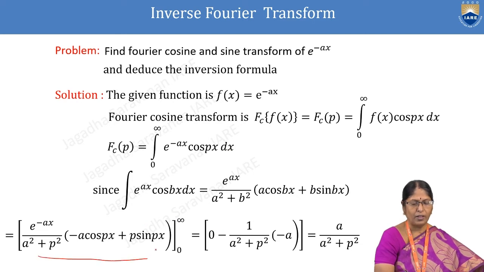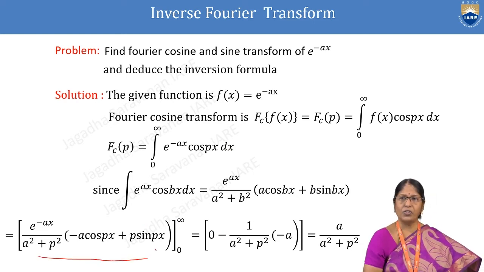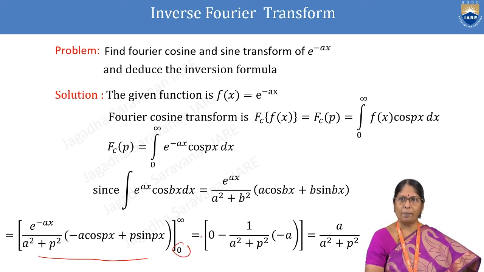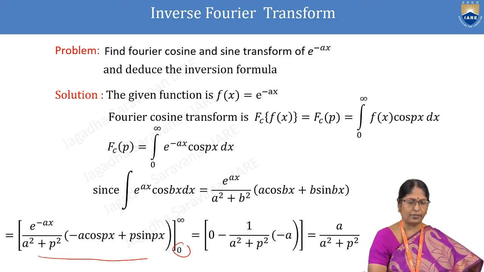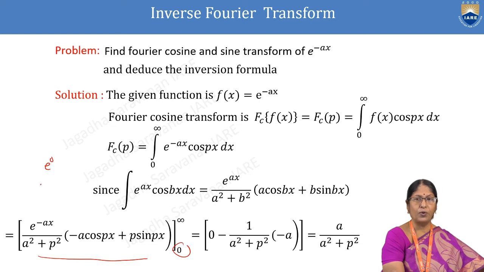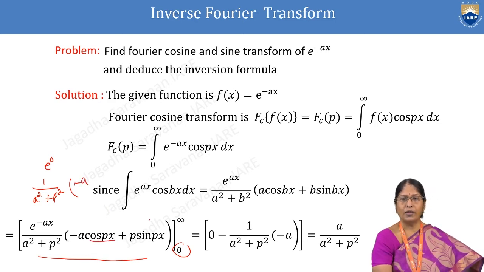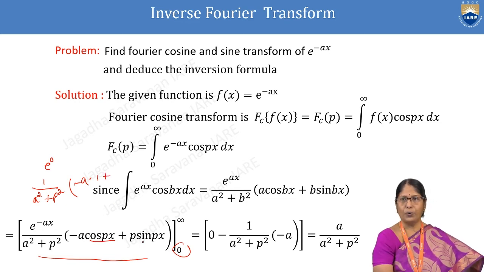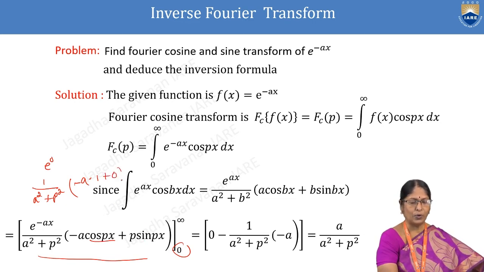So now, in the place of x, we are going to apply the lower limit, which is 0. Then e power 0, we know, is 1, by a square plus p square. Here, minus a cos 0, the value is 1, plus p into sine 0, which is 0.